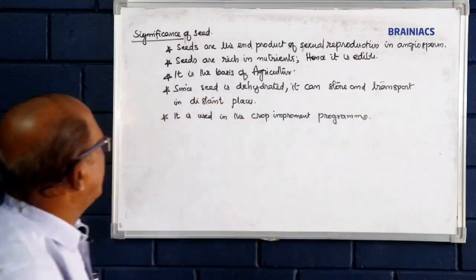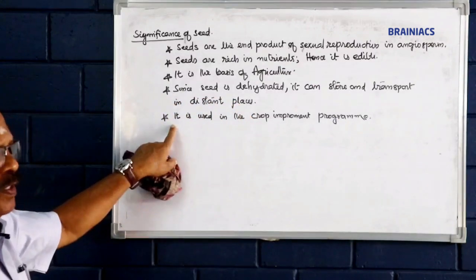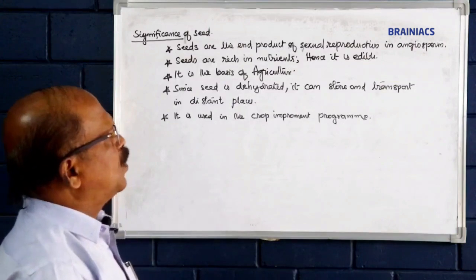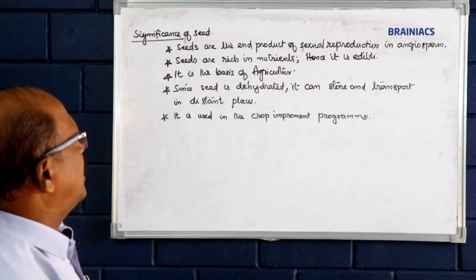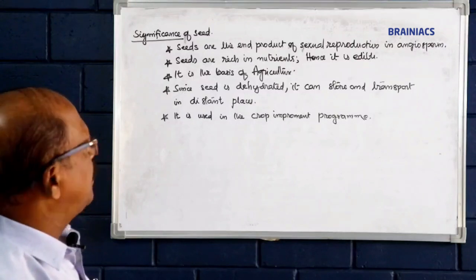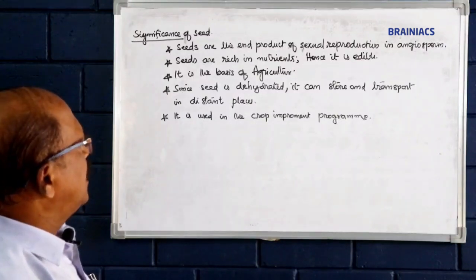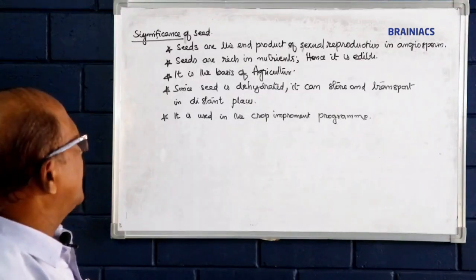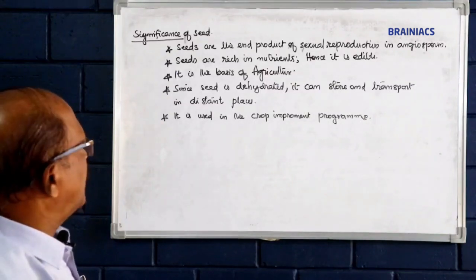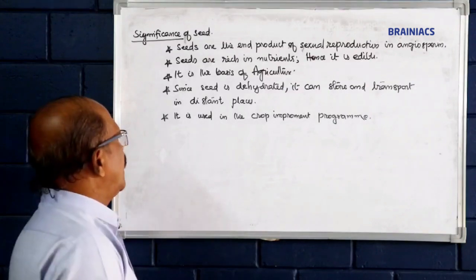See, 5 important key points. Seeds are the end product of sexual reproduction in angiosperms or flowering plants. Seeds are rich in nutrients, hence it is edible. It is the basis of agriculture. Since seed is dehydrated, can store and transport to distant places.